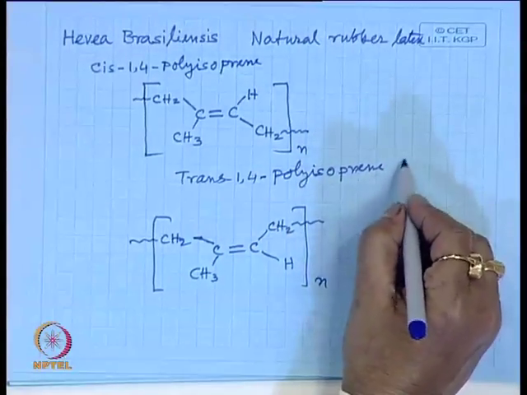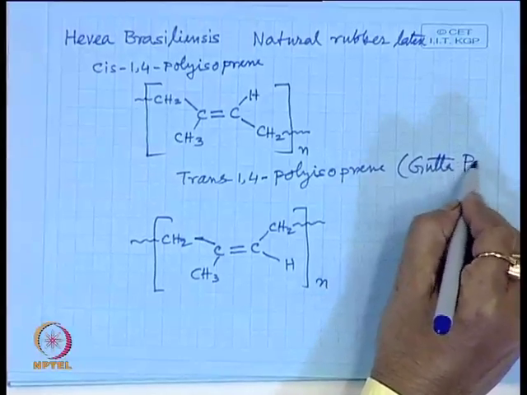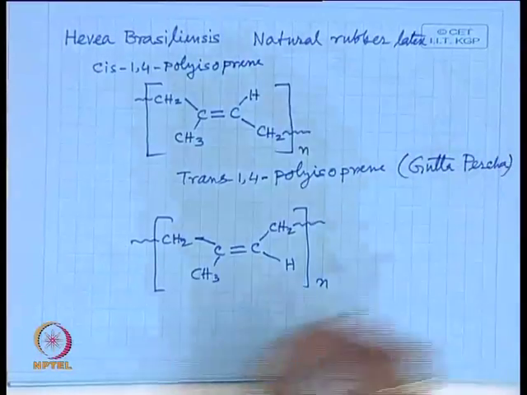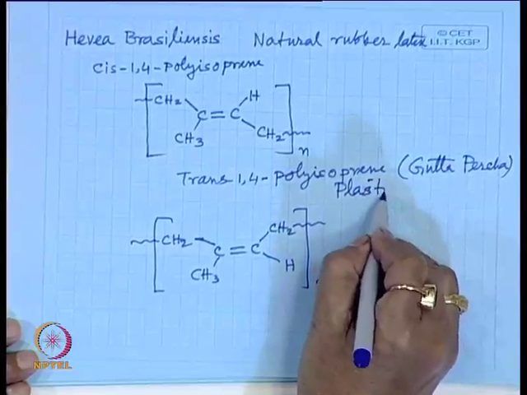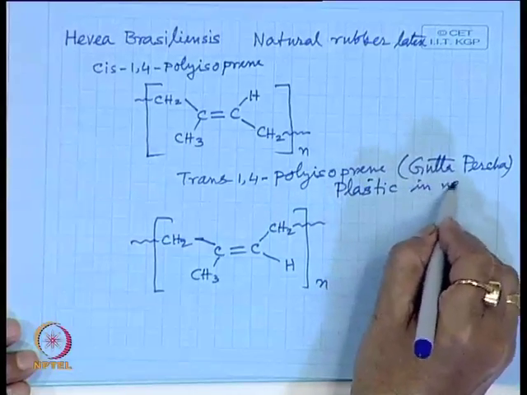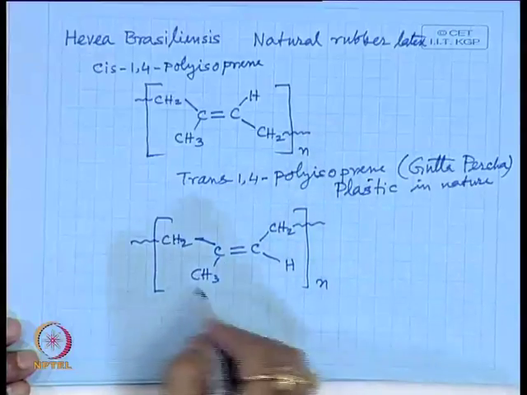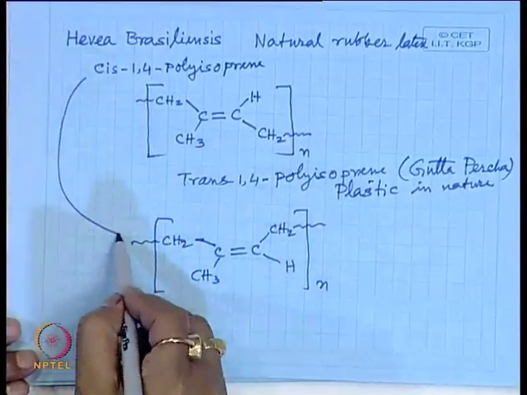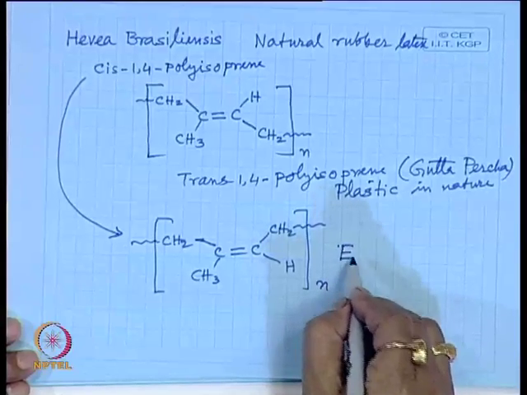This trans form is known as gutta percha. It is plastic in nature. And this cis form is elastomeric.